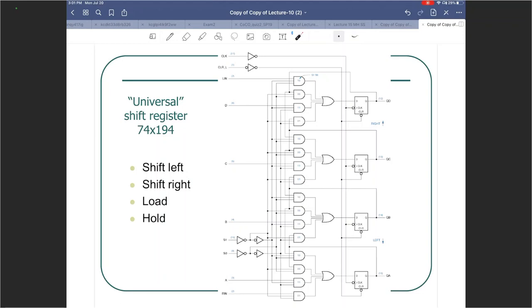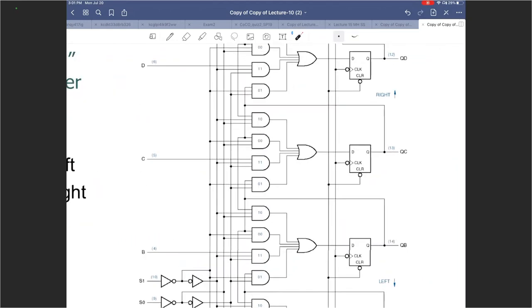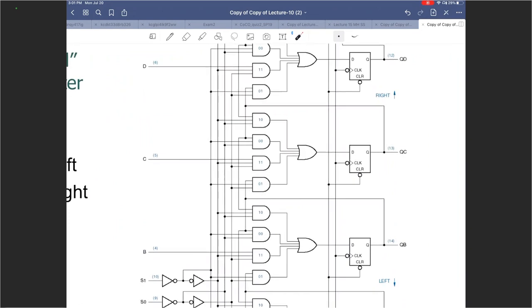It is a combination of muxes and D flip-flops. That's it. And the 4:1 mux essentially chooses between one of those 4 options: shift left, shift right, hold, and load. So let us take a look at the 4:1 mux here. Let me sketch it out for one of them. Let us do it for C.